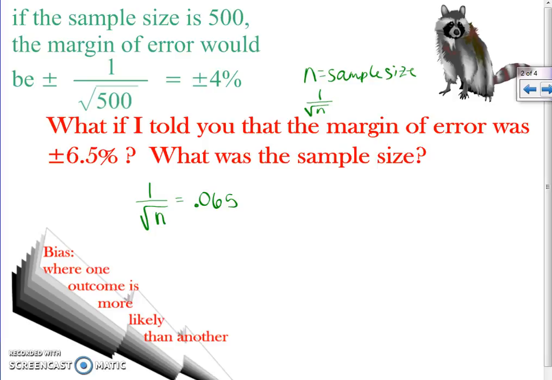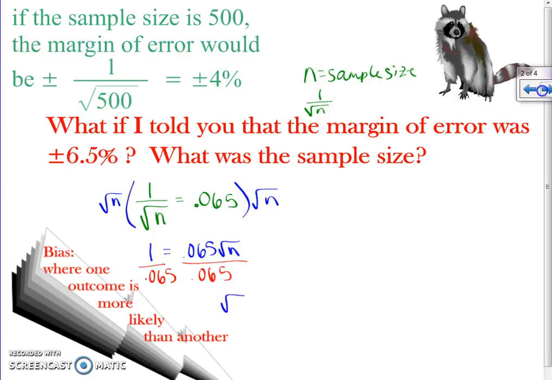Close. We're going to multiply by the square root of n. That way we get rid of our fraction. So now over here we just got 1, and here 0.065 root n. Now what? Divide by 0.065.